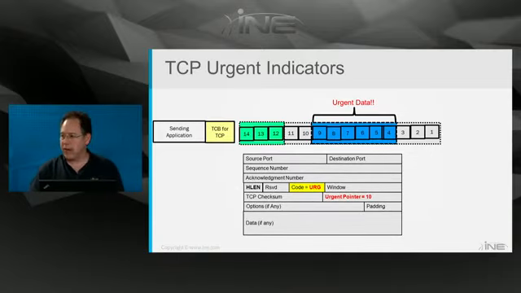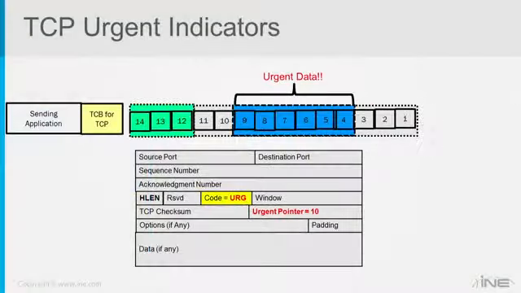So TCP creates its segment, and here's what I want you to notice. It sets the urgent code, and the urgent pointer, look what it's pointing at, byte number 10. So the urgent pointer, technically speaking, is pointing at the very first byte of non-urgent data. So after the urgent data ends, it's pointing to the first byte of non-urgent data.